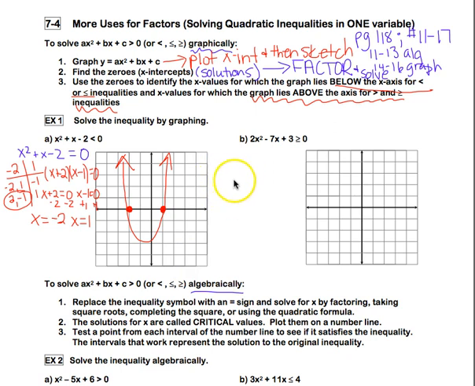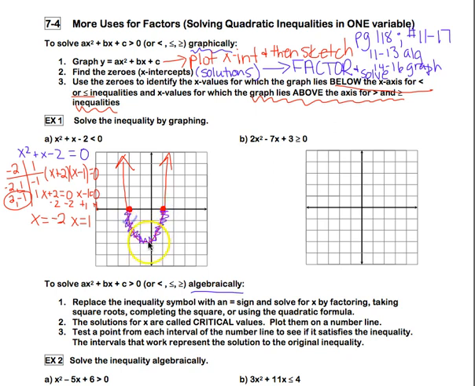So what I basically do after I've got my graph is I look back at my original inequality. My original symbol here is a less than. This tells me, because it's a less than symbol, that I want to identify the x values where the graph is below the x-axis.